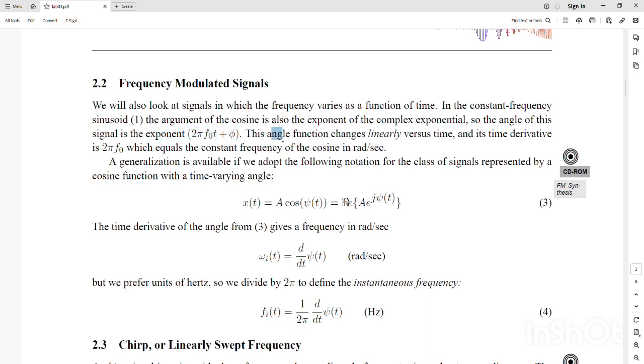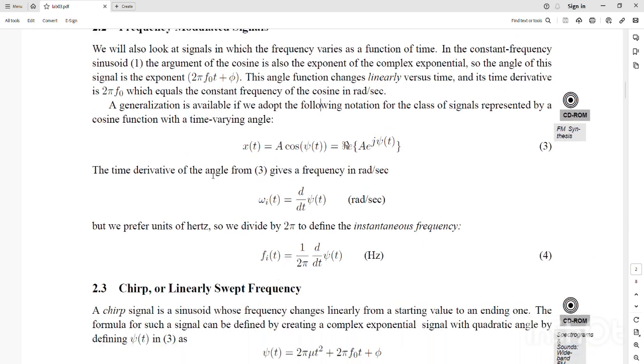You have to notice that this angle function changes linearly versus time, so it should be linear. If you take the derivative of this term, you will get 2 pi f naught, which equals the constant frequency of the cosine in radians per second. Note that this is radians per second, not degrees.